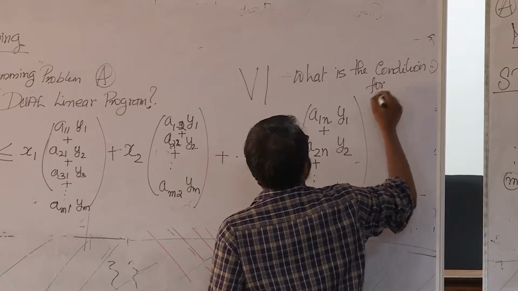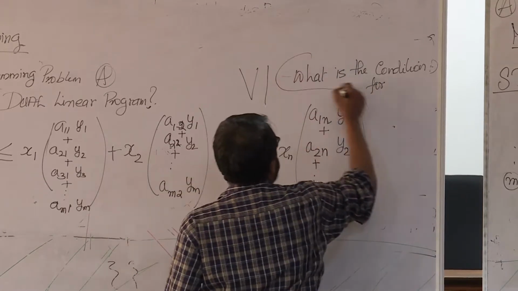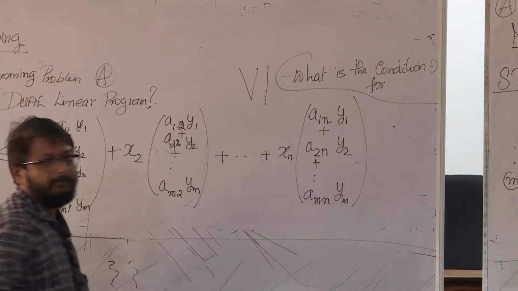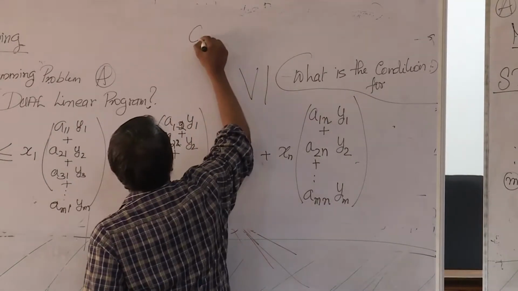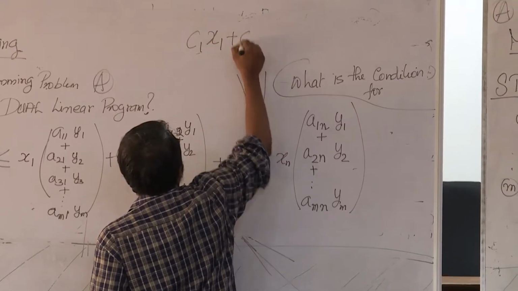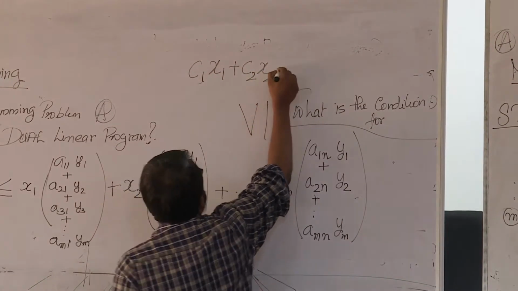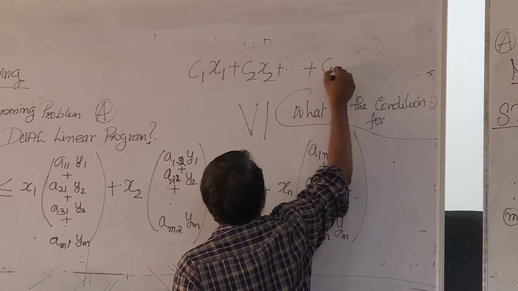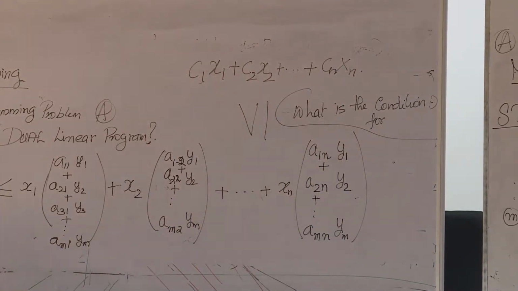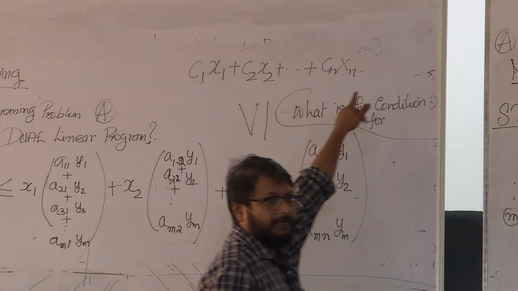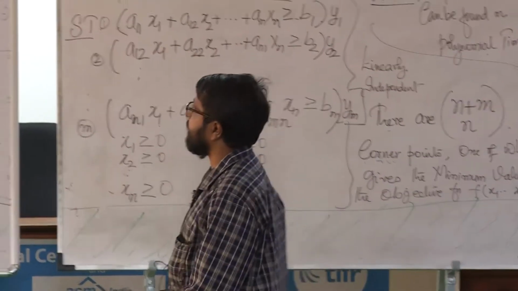For this sum to be less than or equal to C1 x1, I want to get some linear system of constraints which will ensure that this sum is less than or equal to C1 x1 plus C2 x2 plus up to Cn xn. So, what is that linear system of constraints?